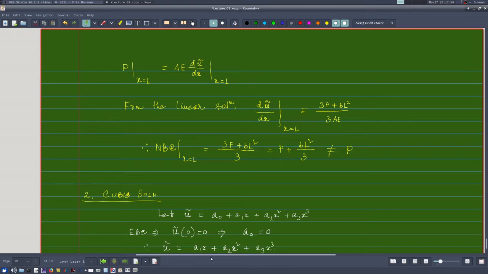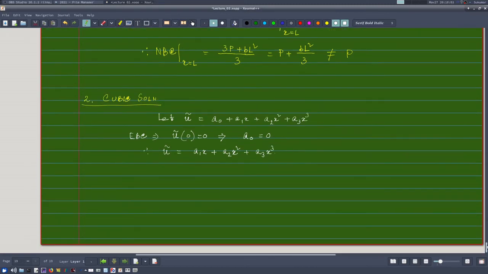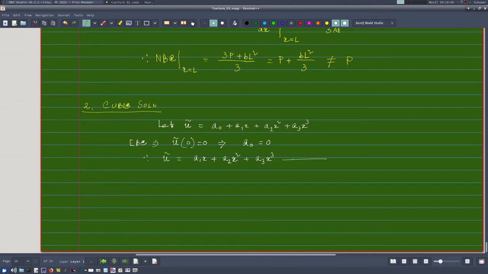So this is my admissible solution now, because it fulfills the essential boundary condition.